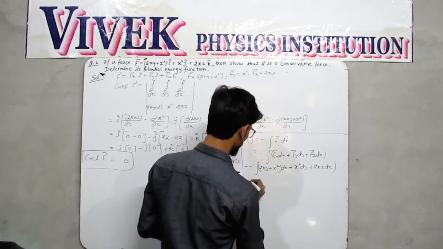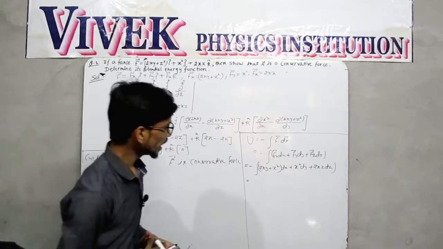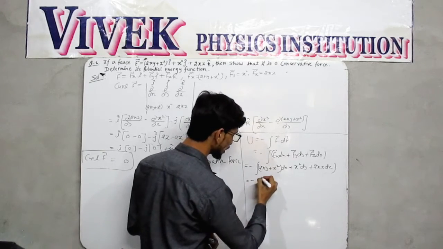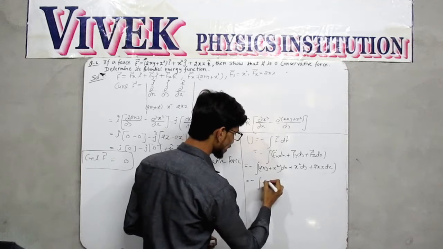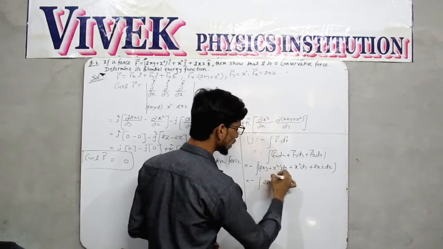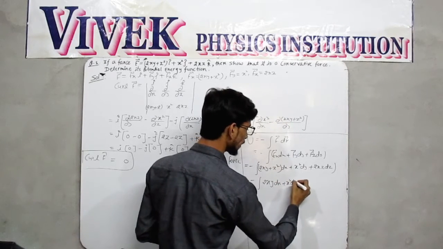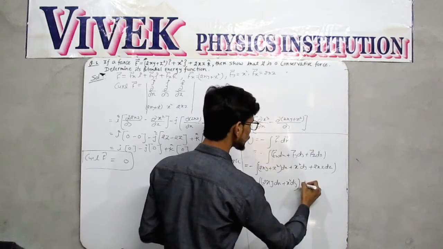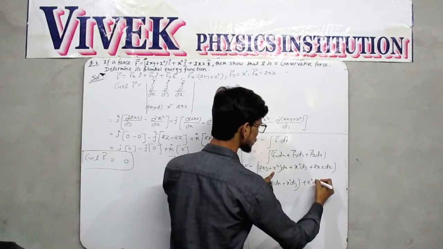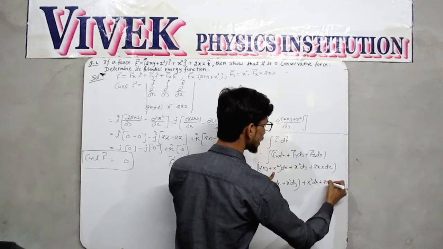Okay, so we can integrate this equation, and before that, let me rearrange these terms. I can arrange them as 2xy dx and x square dy, and also z square dx and 2xz dz.